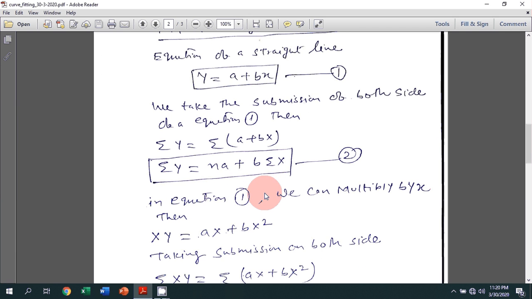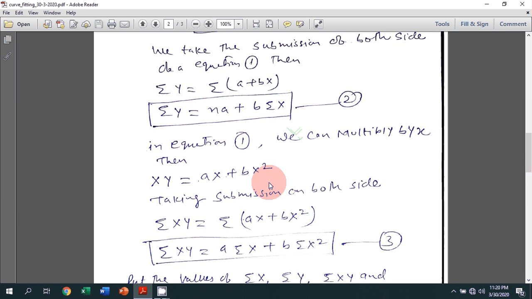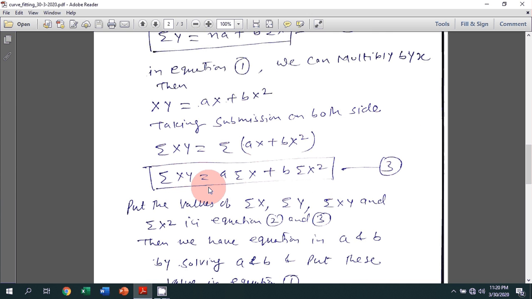If we multiply equation 1 by x, then we get xy = ax + bx², and taking summation on both sides, Σxy = Σ(ax + bx²), then Σxy = aΣx + bΣx².